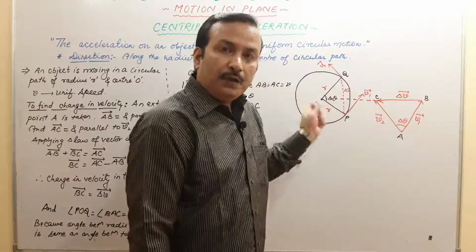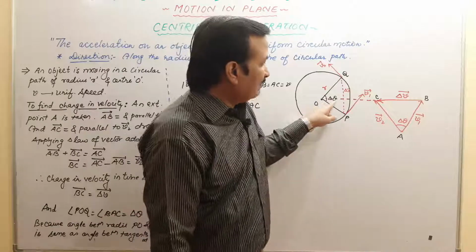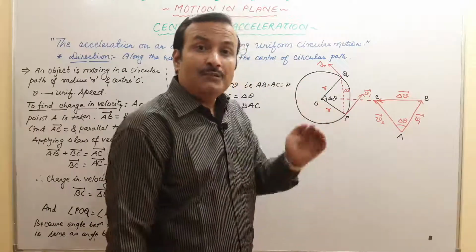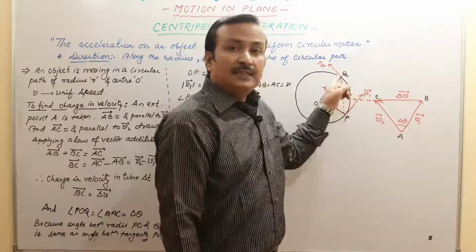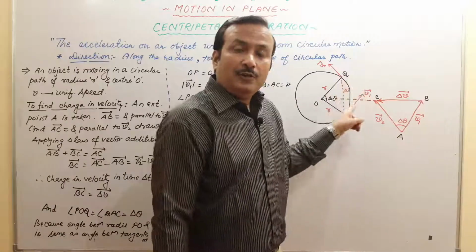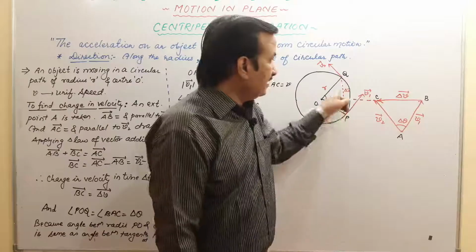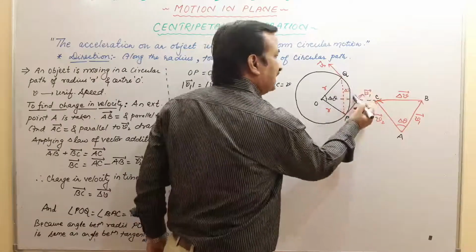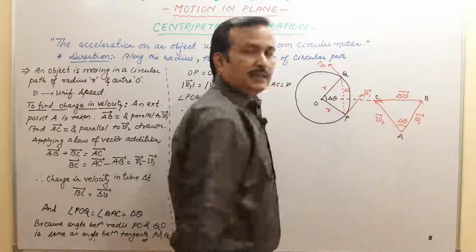Why? Because the angle made by the radius vectors is equal to the angle made by the tangents at those points. यहाँ पर tangent कौन से हुए? This. इसको extend कीजिए, इसको पीछे लेकर आइए, this angle will be del theta.